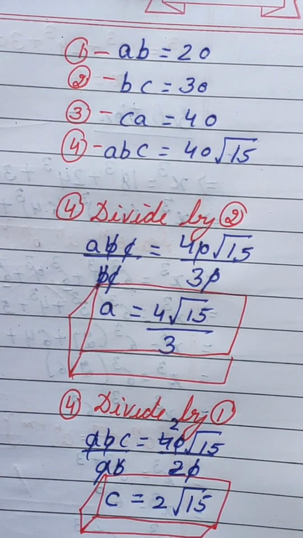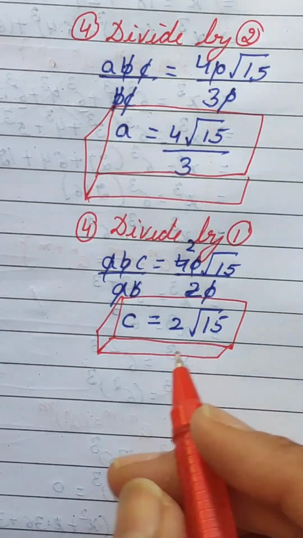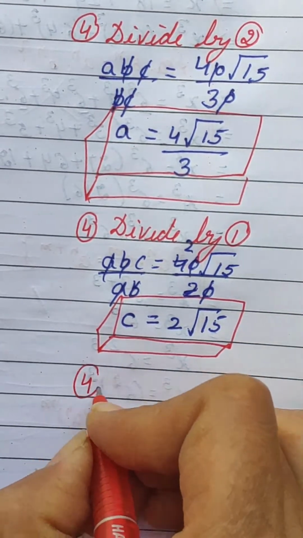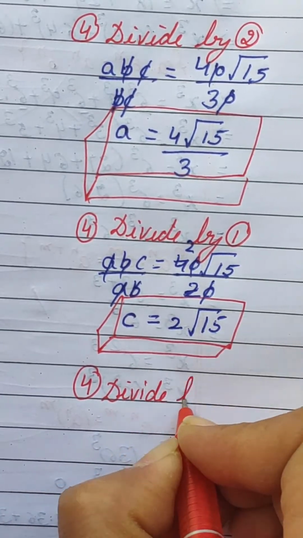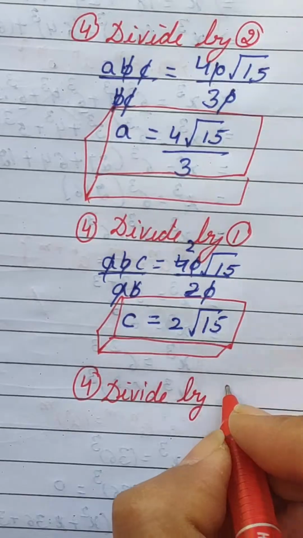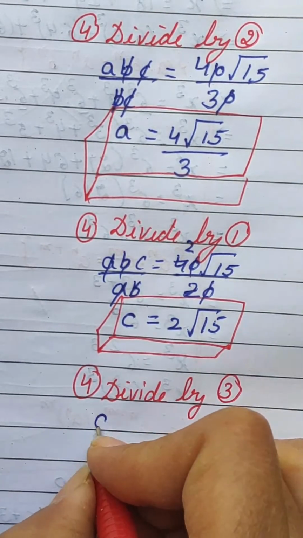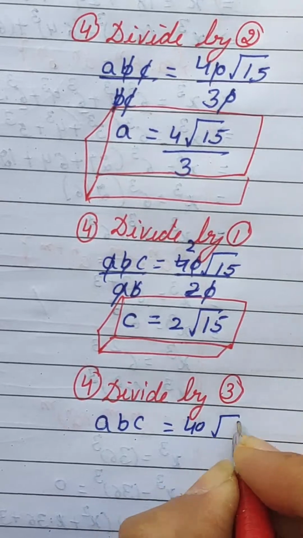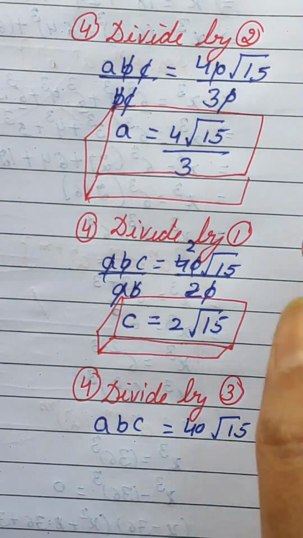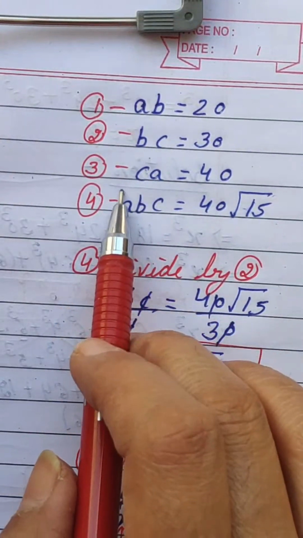Okay, so now we get the value of B. So fourth divide by third. So the fourth one is the same, that is A, B, C is equal to 40 root 15 and the third one is CA 40.